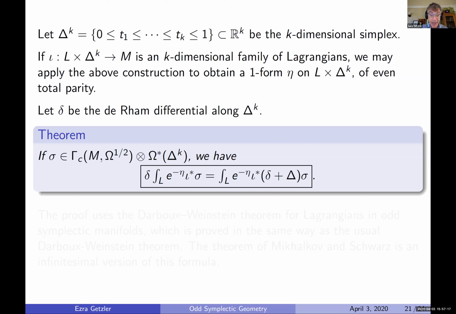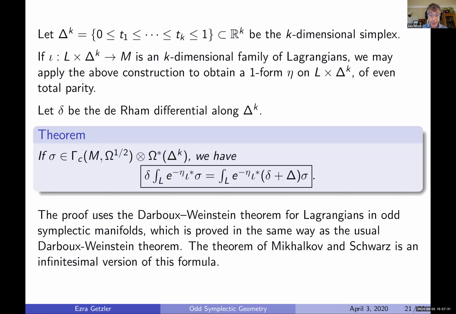And so what it says is that the integration along the Lagrangian of this modified integral is a morphism of complexes. And the proof just uses the Darboux-Weinstein theorem. It's a relatively straightforward exercise in integrations by parts. So you can find the proof in my paper with Poherence.